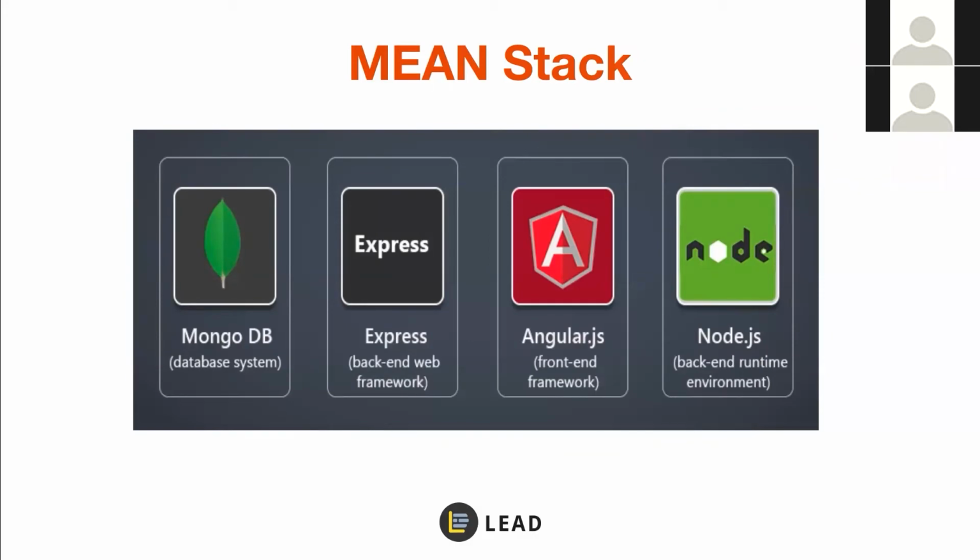Now remember, MongoDB is NoSQL, non-relational, so it's unstructured, and you can easily write and store data. For the front end, we can use a framework called AngularJS. This is what the A stands for. But some people will replace it with React or Vue.js, which are other front end frameworks that are quite popular in web development.